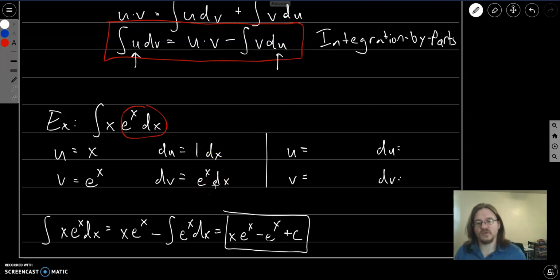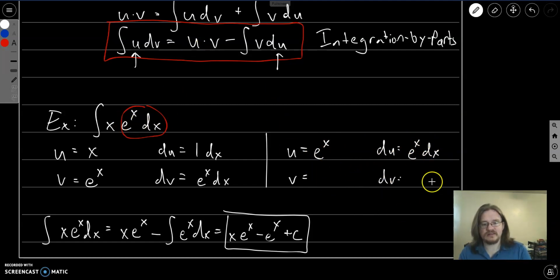What if we made a mistake and chose a different u and v? So let's say that maybe I go, oh, e to the x is easy to take the derivative of. So I'll make that u, so that when I find the second integral, when I try to find du, the derivative of e to the x is just e to the x.